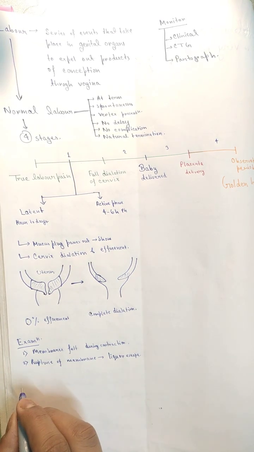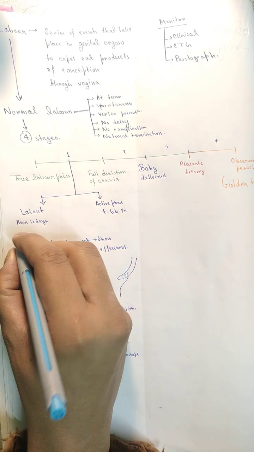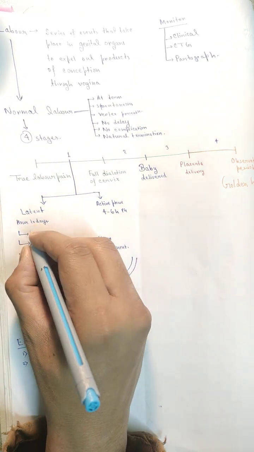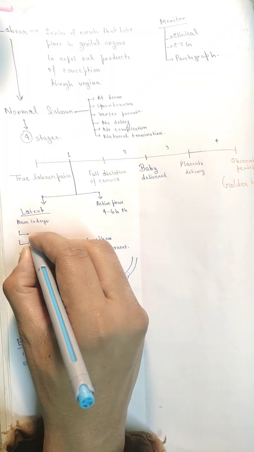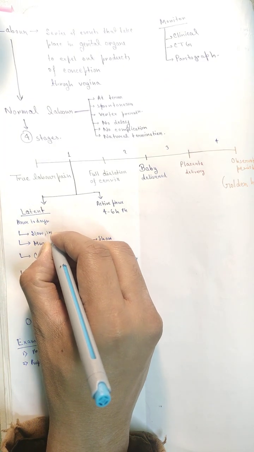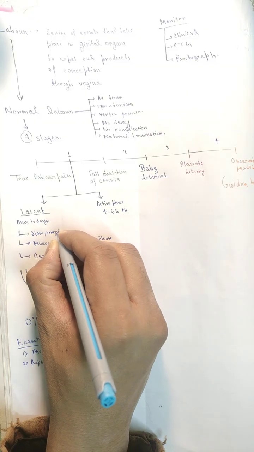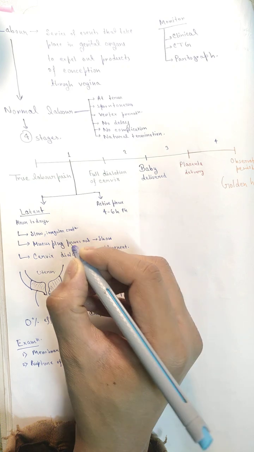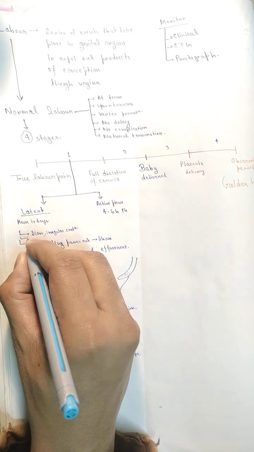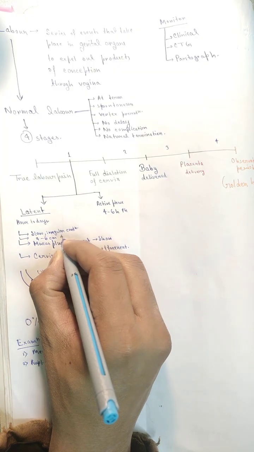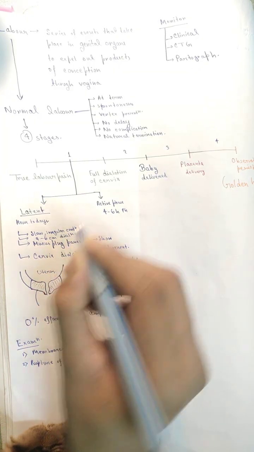In the first stage, the most important part is contraction. In latent phase, we have slow, irregular contraction, and it effaces up to 4 to 6 centimeter dilation.